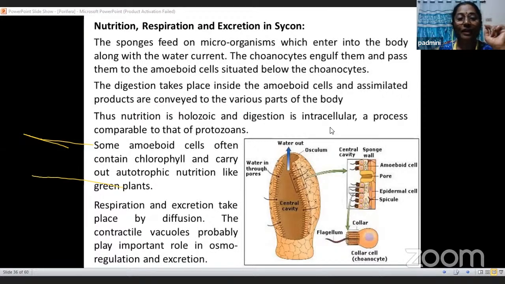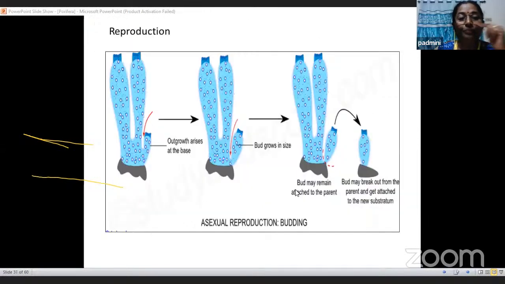Digestion is intracellular, which is compared to that of a protozoan. That's what I was talking about. And respiration and excretion take place through body diffusion. Again, diffusion on the surface, whatever taking in of oxygen, and excretion is through vacuoles. Excretion is done in that way, and respiration is by diffusion.